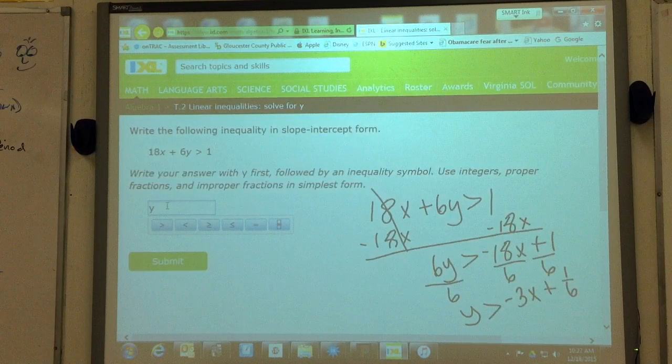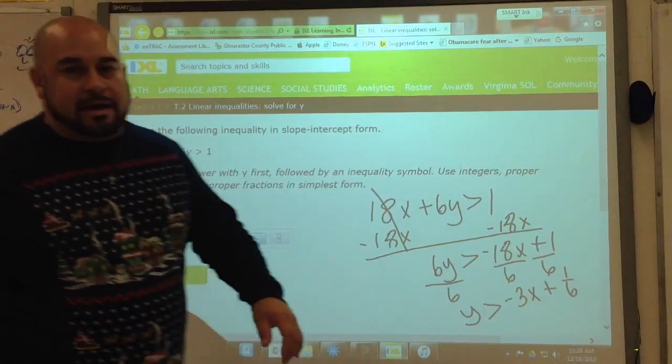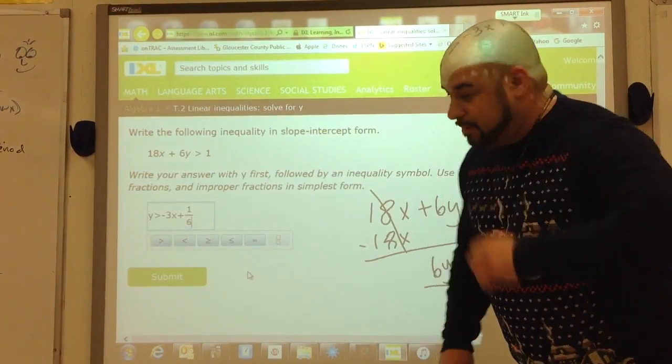So I have y is greater than negative 3x plus 1 divided by 6. Oh wait, well you can't type it in that way. You've got to type it in using the fraction bar, and 6. Now, keep two things in mind.